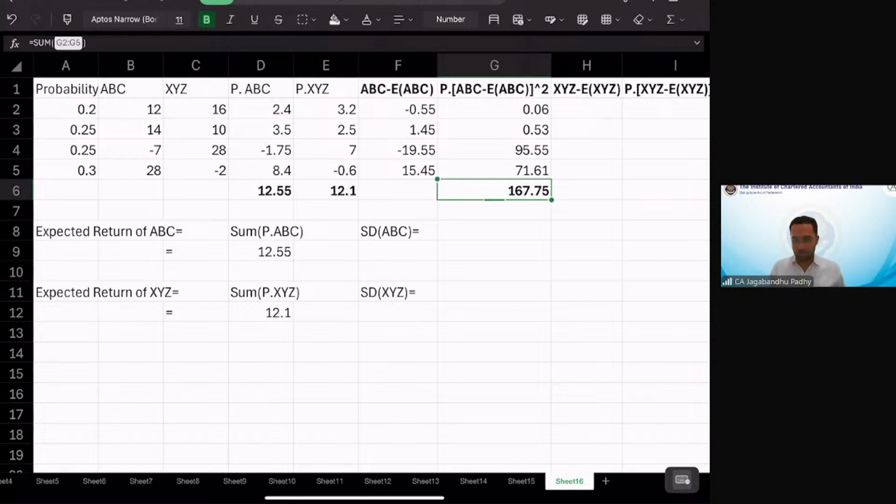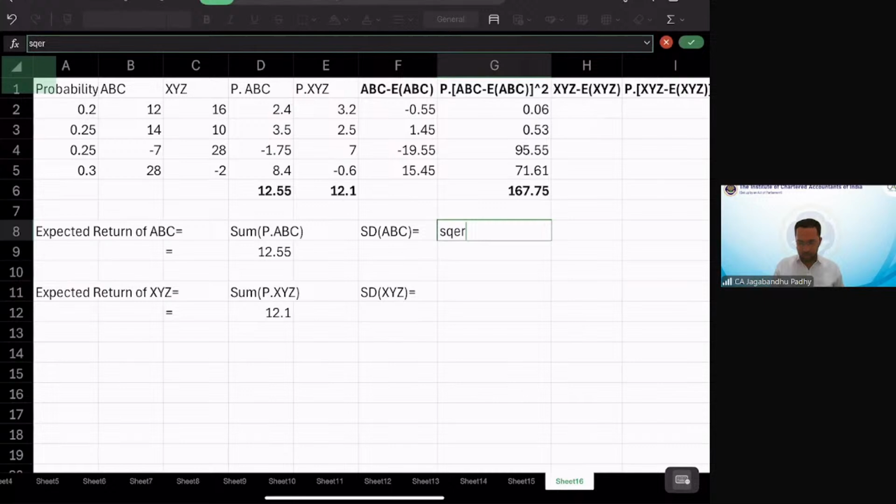So this is simply going to be the square root of the sum of probability into ABC minus expected value of ABC, the whole square.